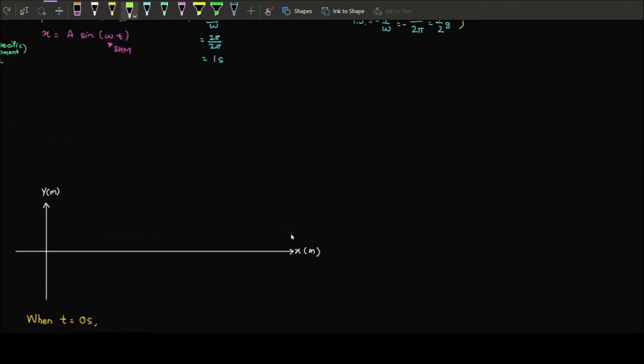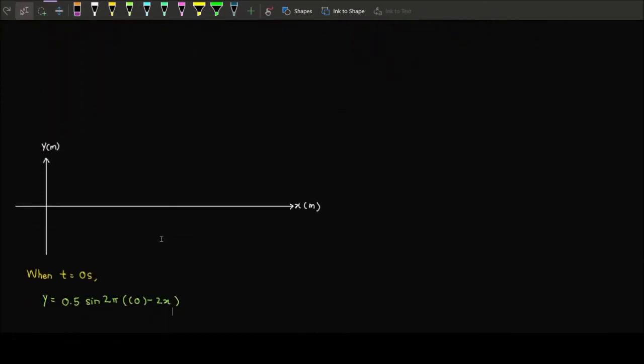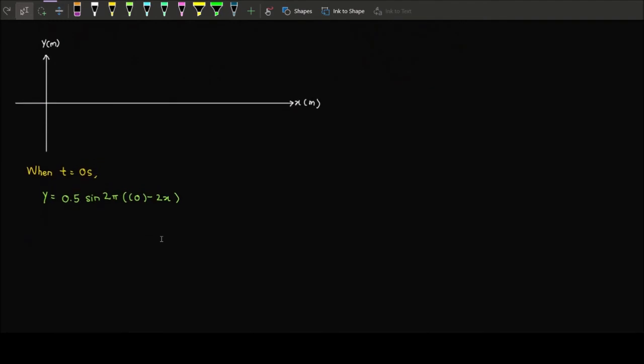If you're not sure what I'm doing, I copy this equation, but now this one I don't interpret it, I leave it as x, but the time I substitute in 0. And this is the result. So if you substitute everything already, then your result should be y equals 0.5 sine, then you have negative 4 pi x.